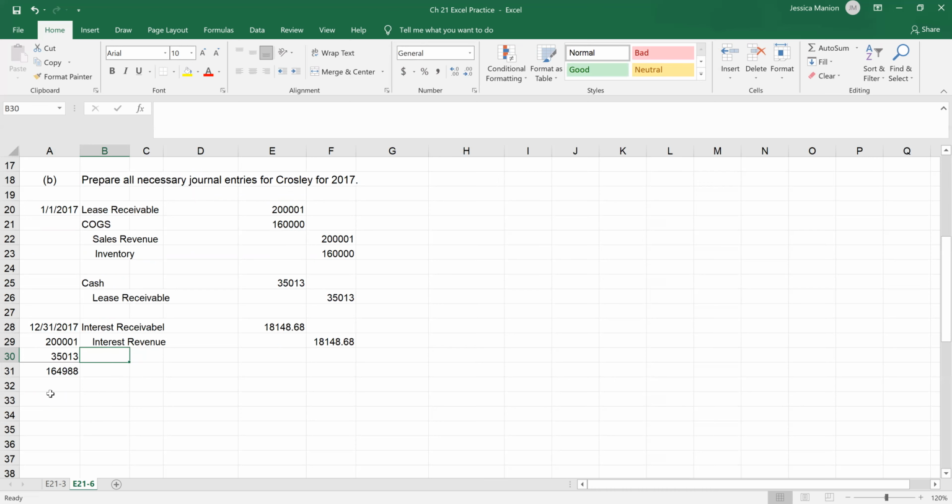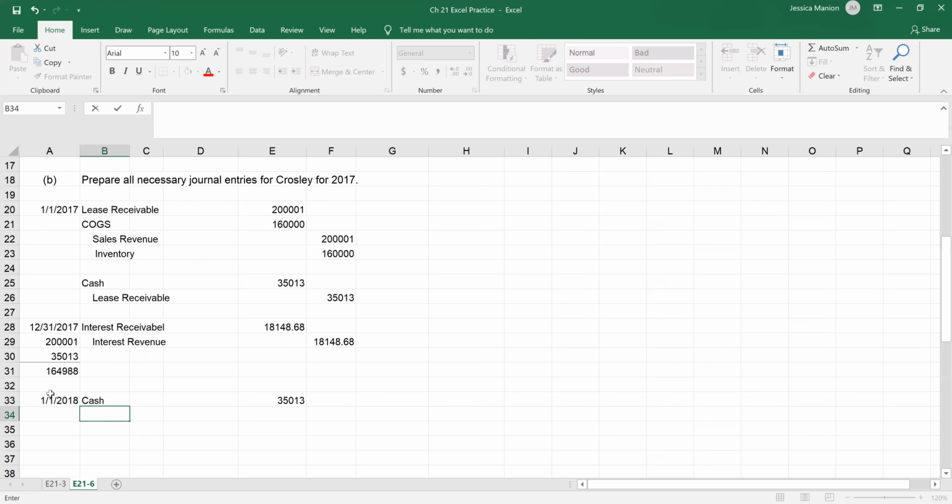And so we looked at our interest, and we can look at what the payment would be on 1/1/2018. Cash 35,013.